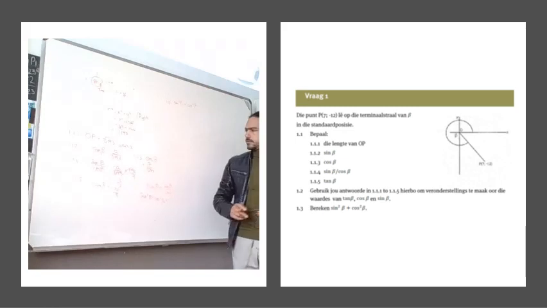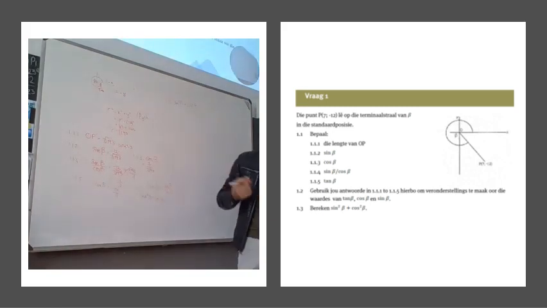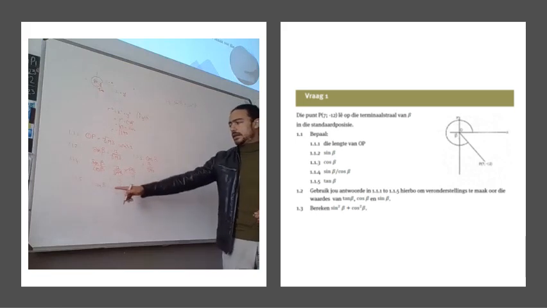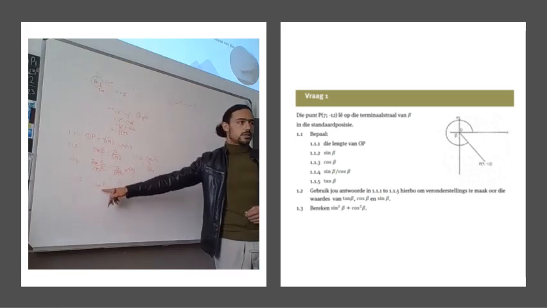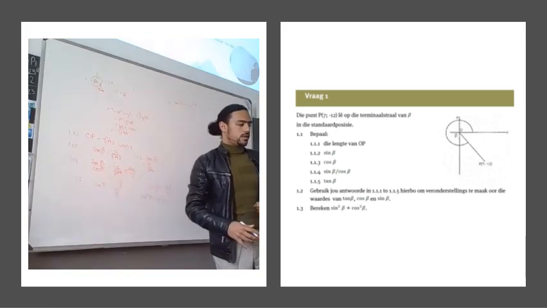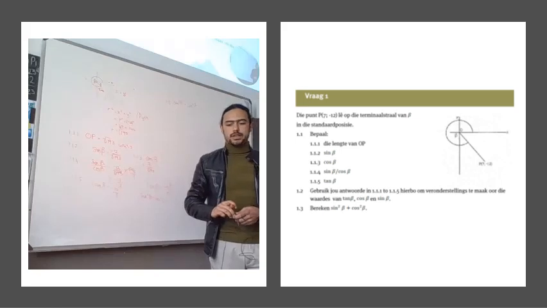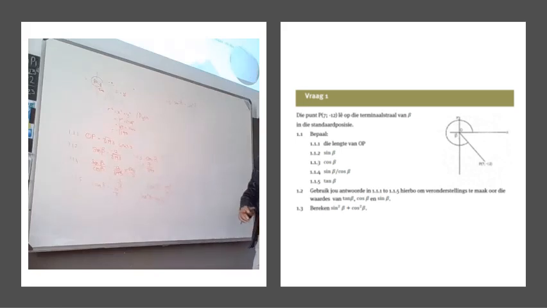No, you were supposed to do 1.2. You're supposed to make a conjecture. All right, so there you just say that the tan of beta is equal to the sine beta over cos beta. So that's actually a trigonometry identity. That is the conjecture that you were supposed to make there.